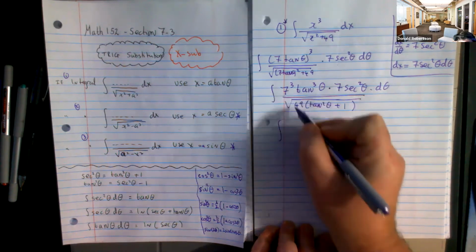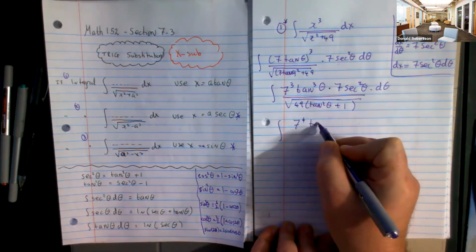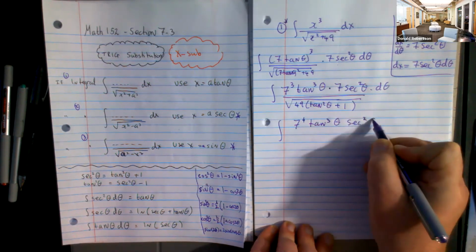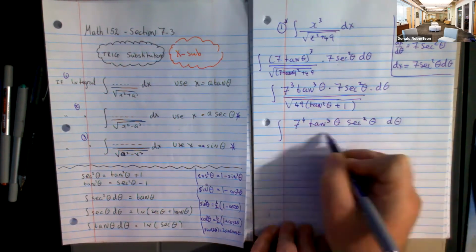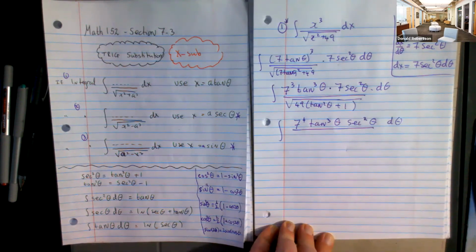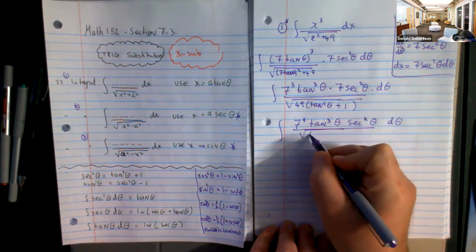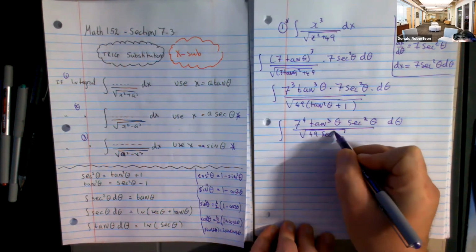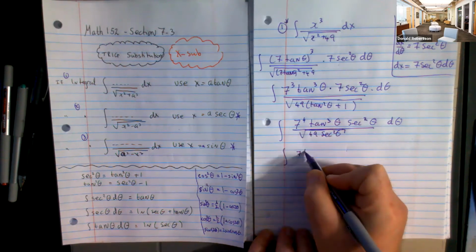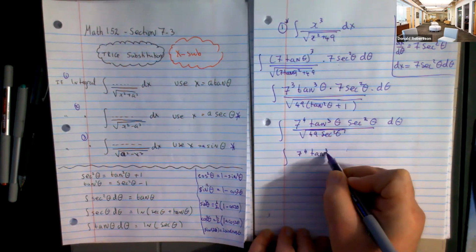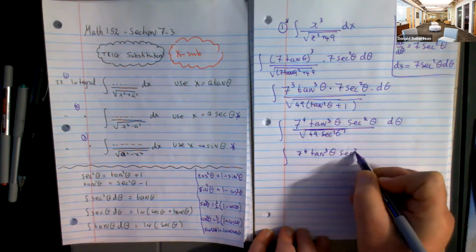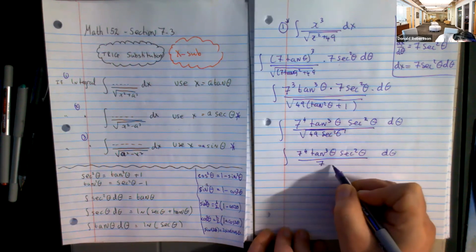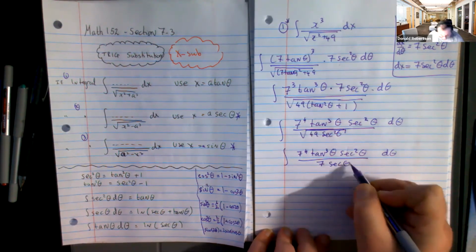That and that get me 7 to the power of 4, tan cubed theta, secant squared theta, d theta, over the square root of 49 secant squared thetas. And the square root of 49 secant squareds gets you 7 secants. So the square root has gone.